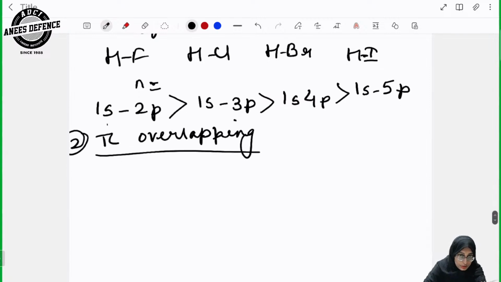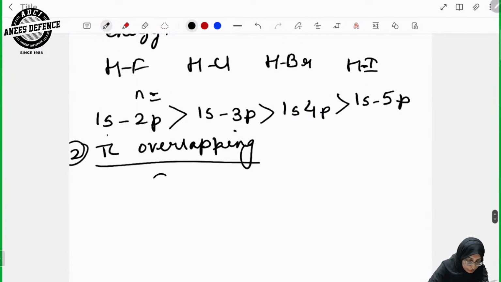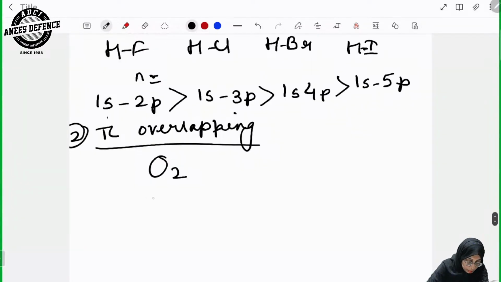Now for this we'll take the example of O2. One atom of O with another atom of O. The configuration of O is 1s2, 2s2, 2p4.